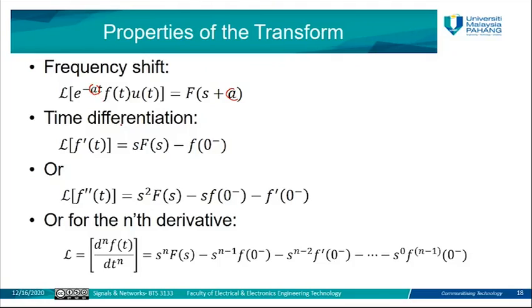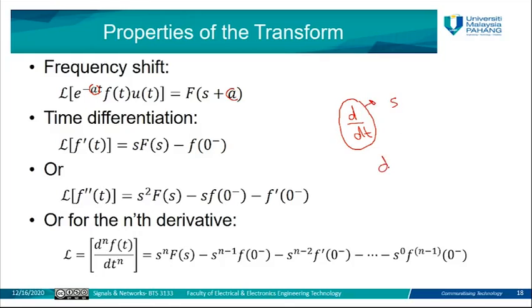Time differentiation: for the derivative d over dt of any function, as I told you previously, we may use this type of transform to analyze an AC circuit which has a capacitor or inductor and so on. In that case we are going to see this form d over dt. Each d over dt should be converted into the s operator.